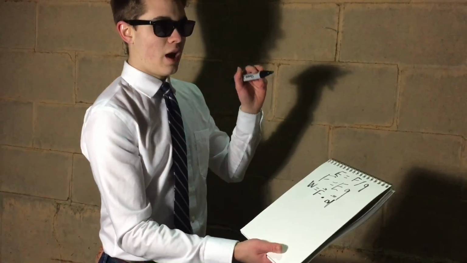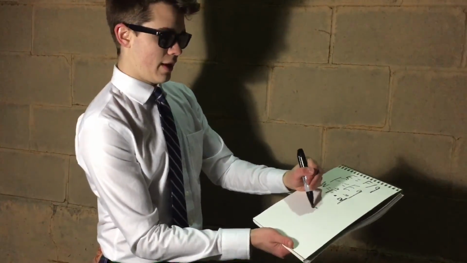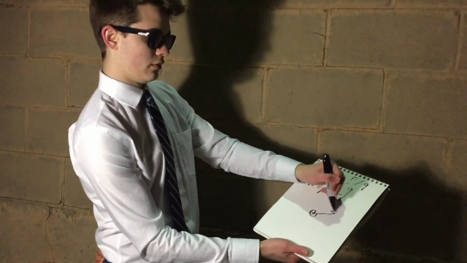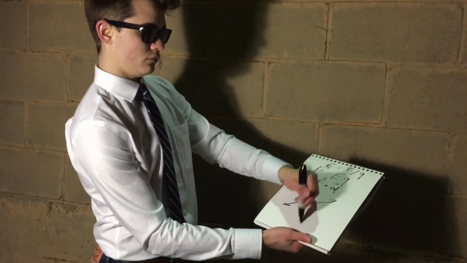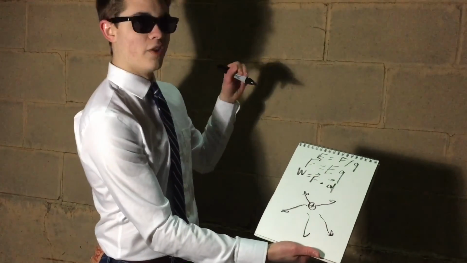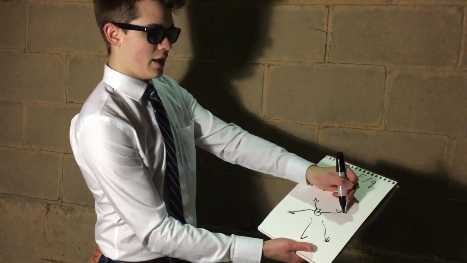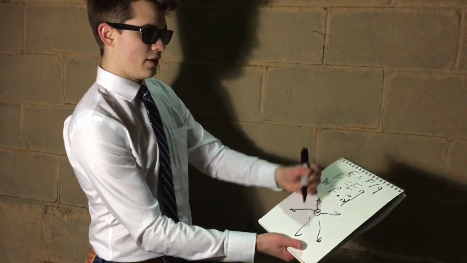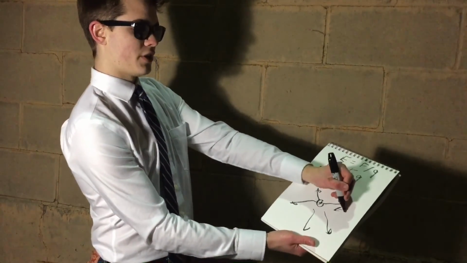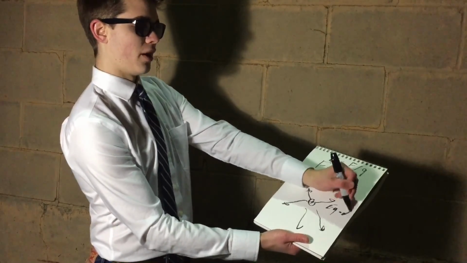Now when you have a particle in an electric field, such as this one, the amount of energy it takes to move it a distance d is the electric field times that charge, dot product with the distance.